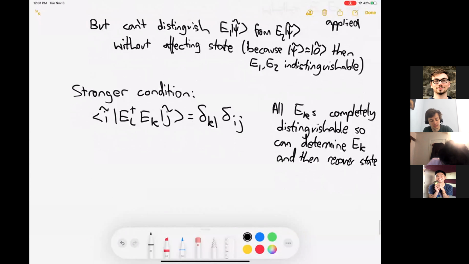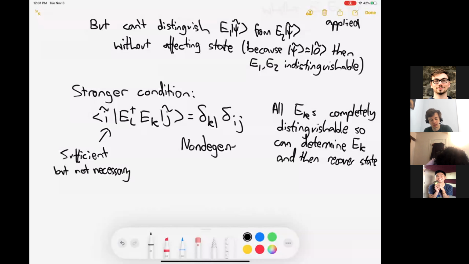This is a sufficient condition for error correction, but it's actually too strong, and it's not necessary. But it is true for an important class of error correcting codes, which are called non-degenerate codes.